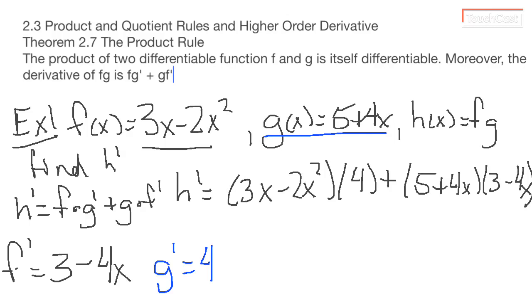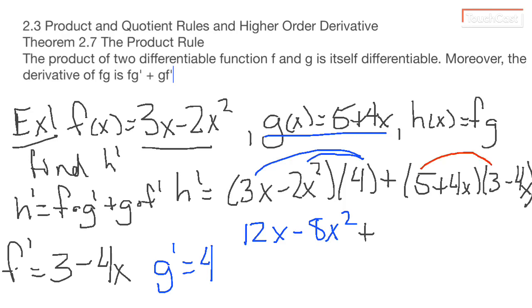Alright, well, let's clean it up. Let's, in this first half of our derivative, distribute the 4. So we're going to end up with a 12x minus 8x squared plus, we can FOIL that last half.